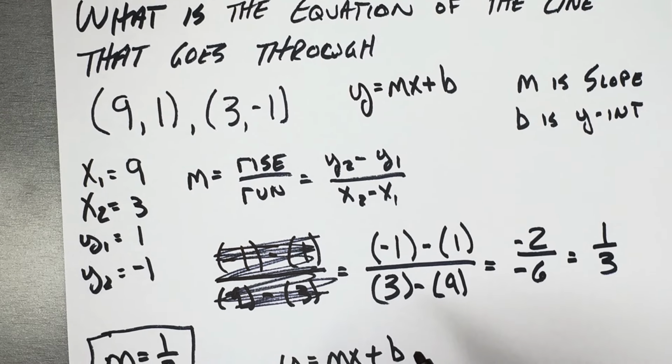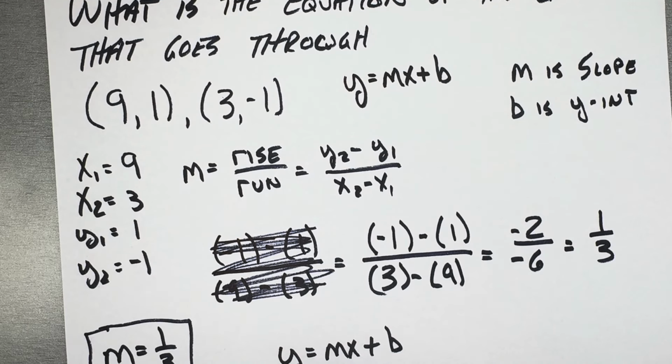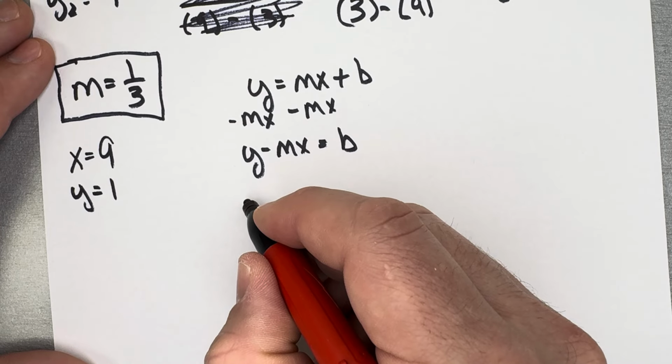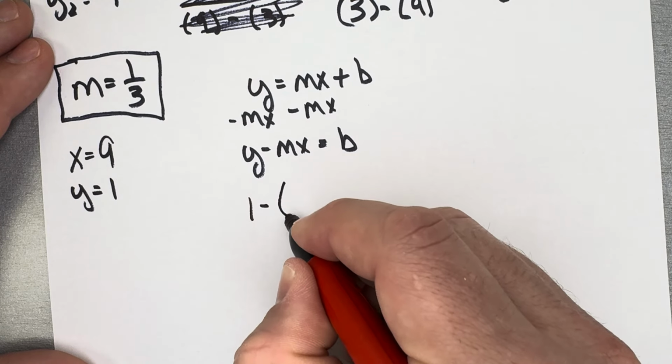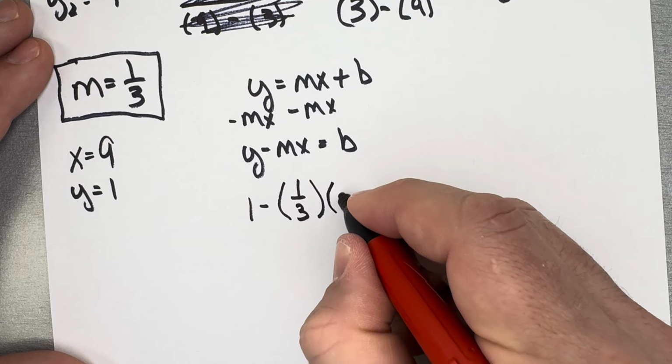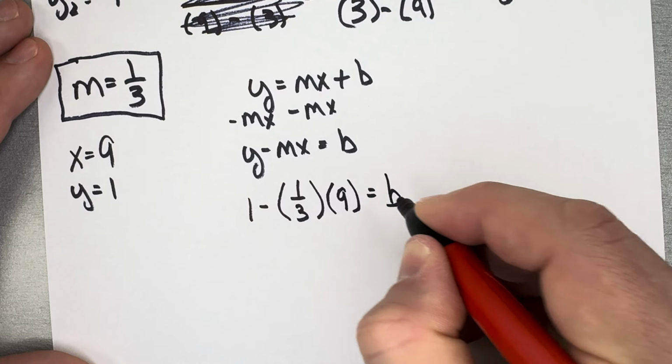Both will work out to be the same b. So let's choose (9, 1), so x is equal to 9 and y is equal to 1. So let me plug in: I've got 1 minus 1/3 times 9 is equal to b.